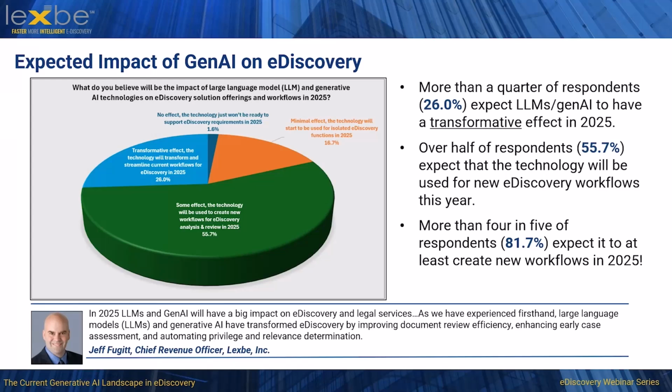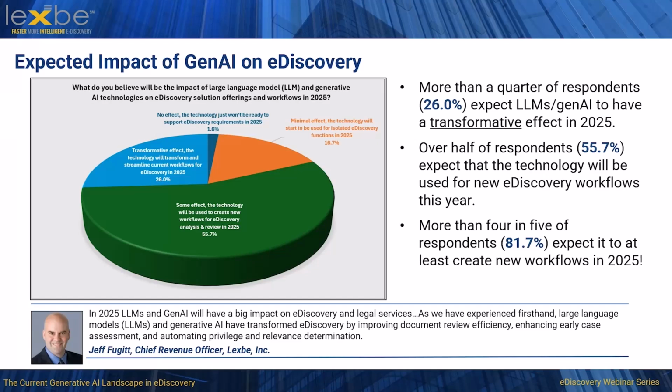Another component of the State of the Industry report is thought leader observations on the same trends. And as you can see, Jeff was one of the thought leaders participating in this year's report. And you can see a portion of his observations regarding the expected impact of generative AI.